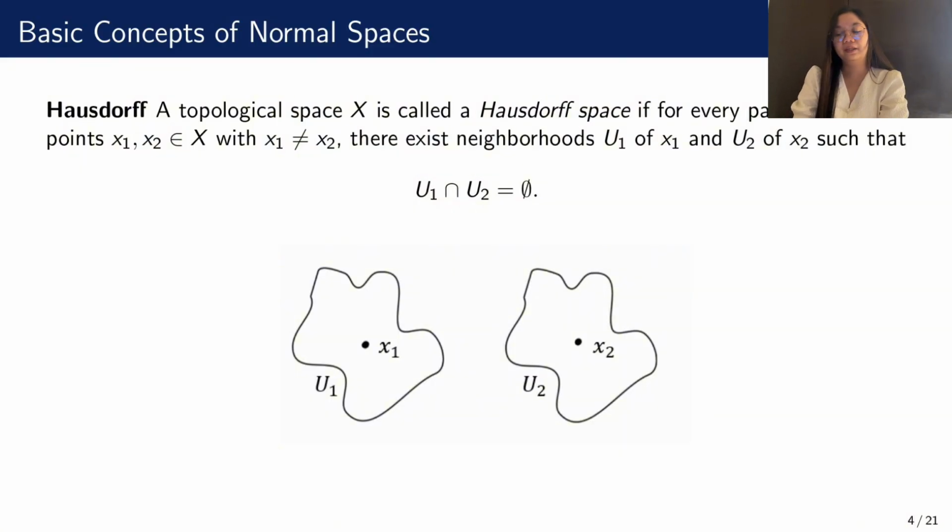Meaning they are also disjoint. So we know that in Hausdorff we have two points which are disjoint, and their neighborhoods are also disjoint.